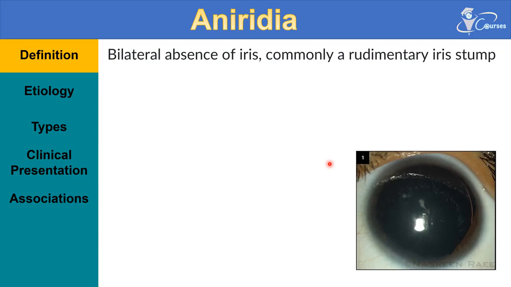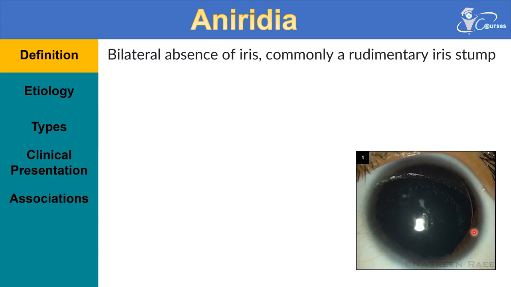Actually, no. Usually, aniridia refers to the presence of a very small rudimentary iris stump. So this iris is not totally absent. There is just a very small, minimal iris present. And actually, this is not a very good thing because this iris sometimes rolls on itself, causing secondary angle closure glaucoma, as we are going to say in the glaucoma lecture.